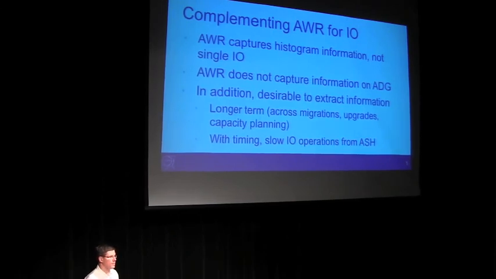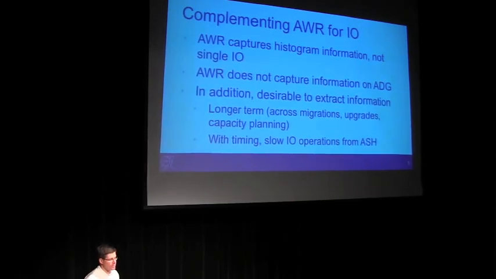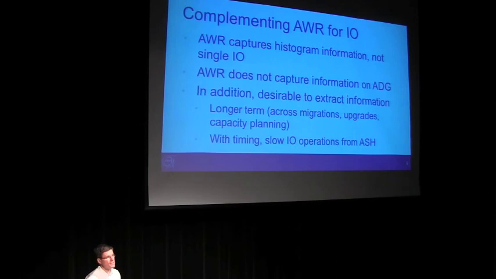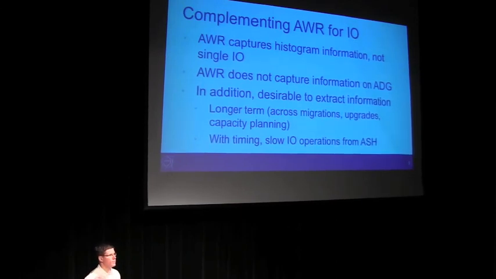AWR, the Automatic Workload Repository, has some information because it captures histogram information, but it doesn't really capture single I/O. You could think that it actually does with the sampling of ASH every 10 seconds, but that's not enough. So you don't get enough information out of it. AWR keeps a history about histograms, about your I/Os, but we'll see that it's not what matters.